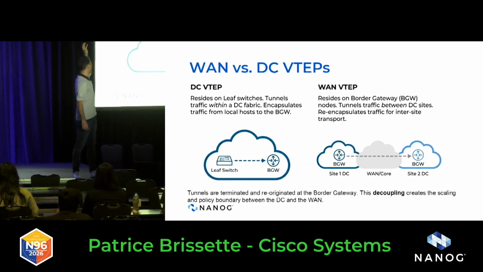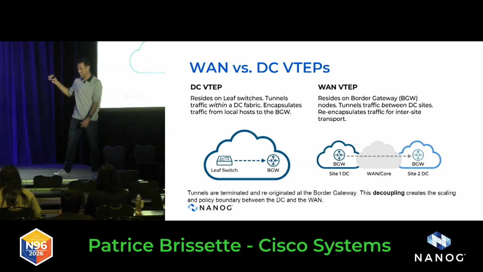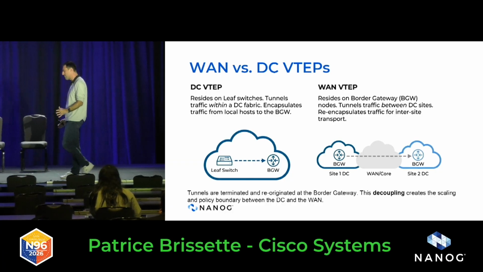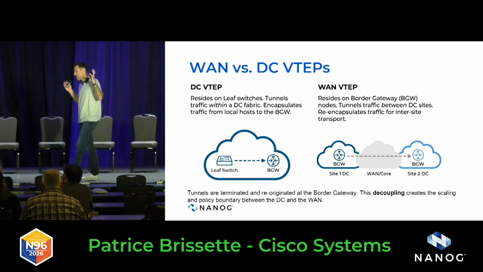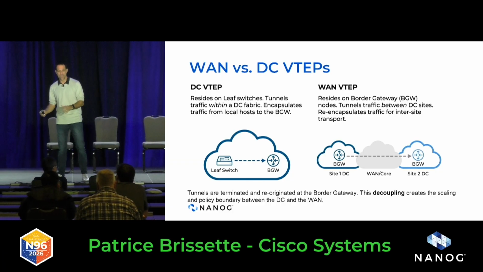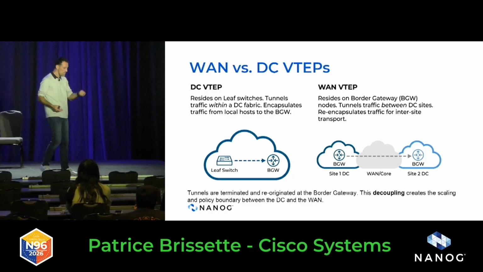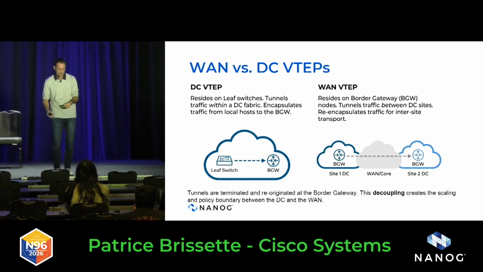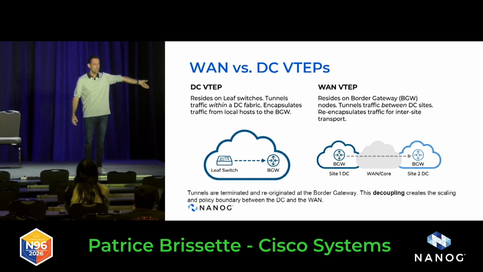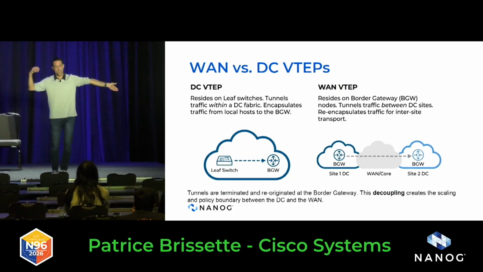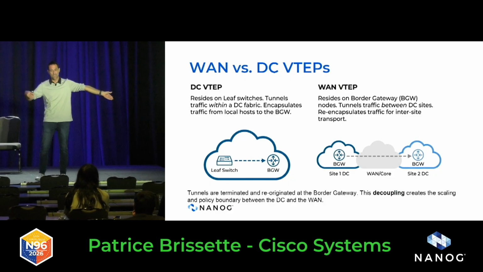On the DC side, the concept, as I was saying, is that the tunnels get terminated at the border gateway. So if you're using VXLAN, you have a VTEP endpoint of your tunnel facing the DC side, and you will have a completely different VTEP facing the WAN side.